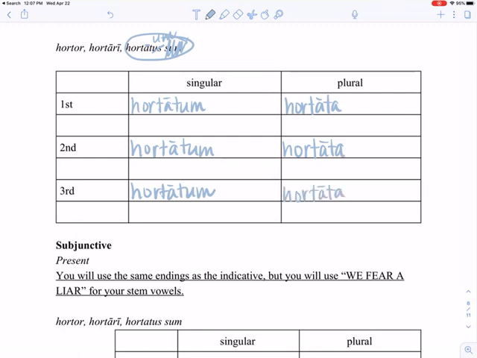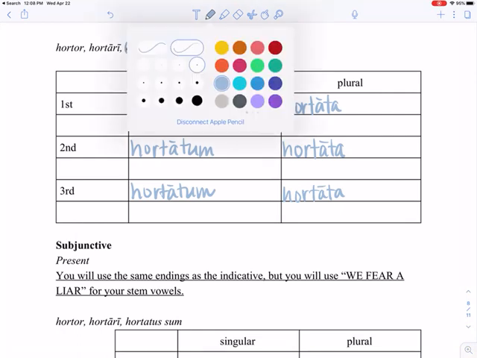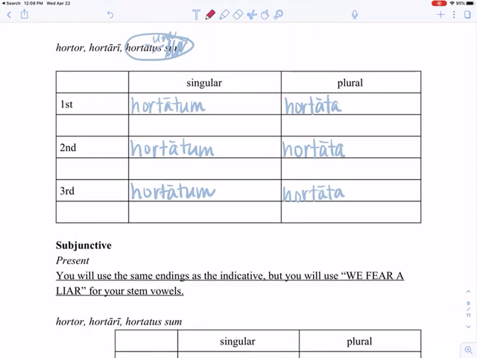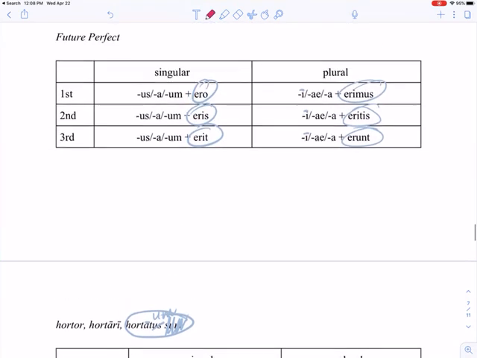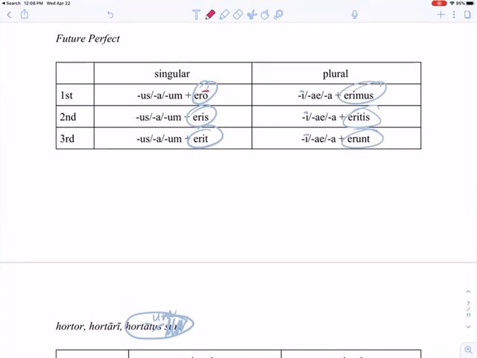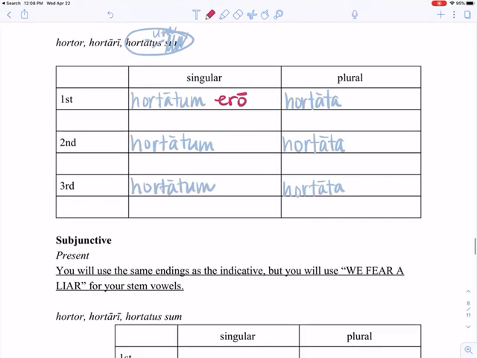All right, so now we need to add in our forms of sum. So for first singular, we need ero. Oh, and there should be a macron over that o. Let's go and add it there. So first singular is hortatum ero, and this is I will have urged.